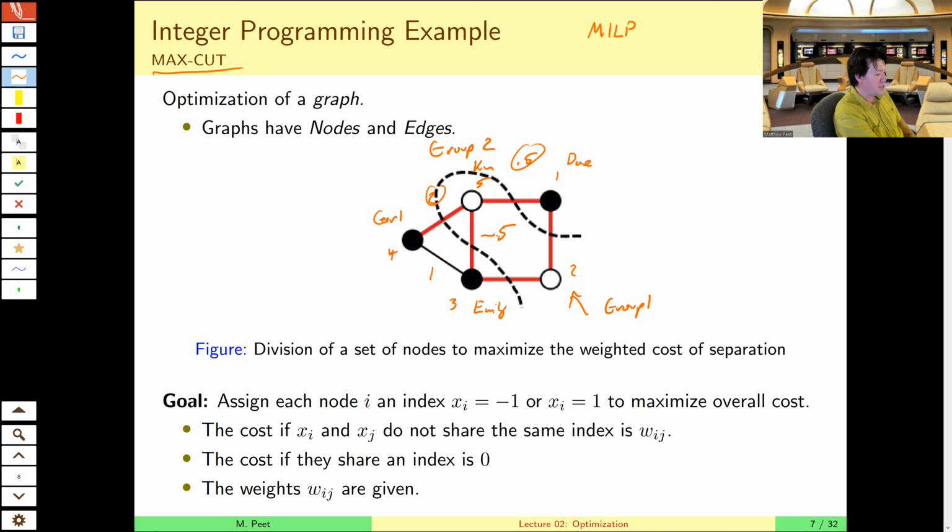If I separate Emily and Ken, we get -5 points. So obviously that's not a good choice. But maybe Emily really likes Sue here, so there's like a 10 there. So that's a big cut. Anyway, we want to partition the students so that they're most unhappy.